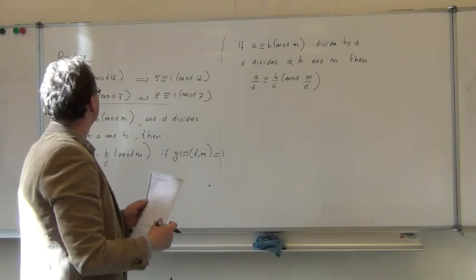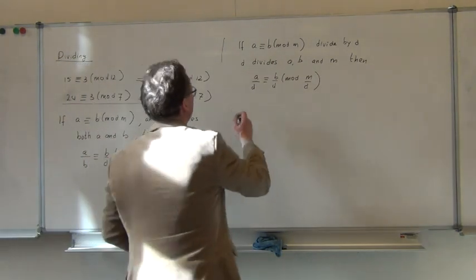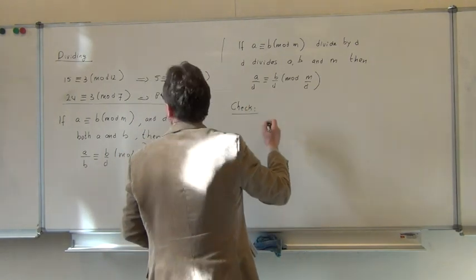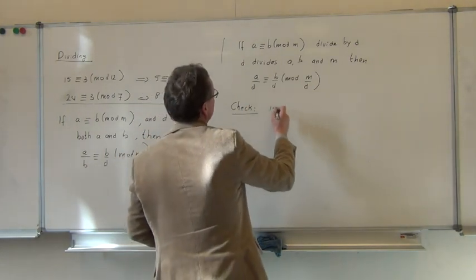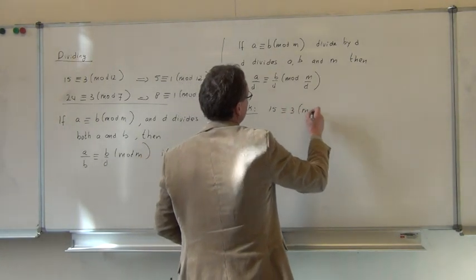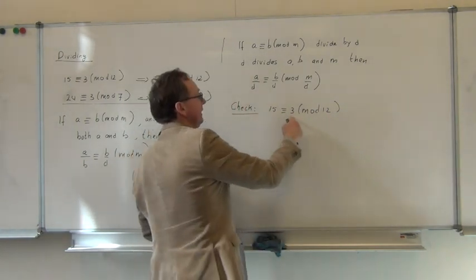Yes, and we can actually check that in our first example. So a little check. If you have 15 congruent 3 modulo 12, well the number 3 divides 15, 3 and 12.